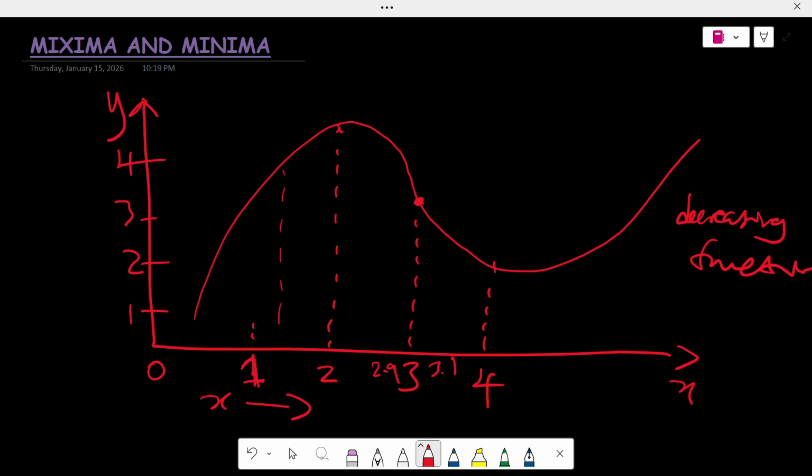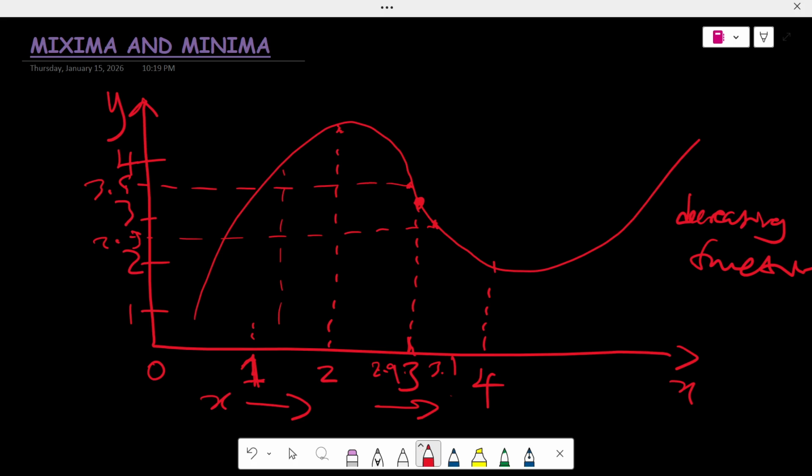So if we move from 2.9 to 3.1, we realize that as x increases, y is decreasing from, let's say, 3.5 to 2.5. So that means the function is decreasing at 3, right?